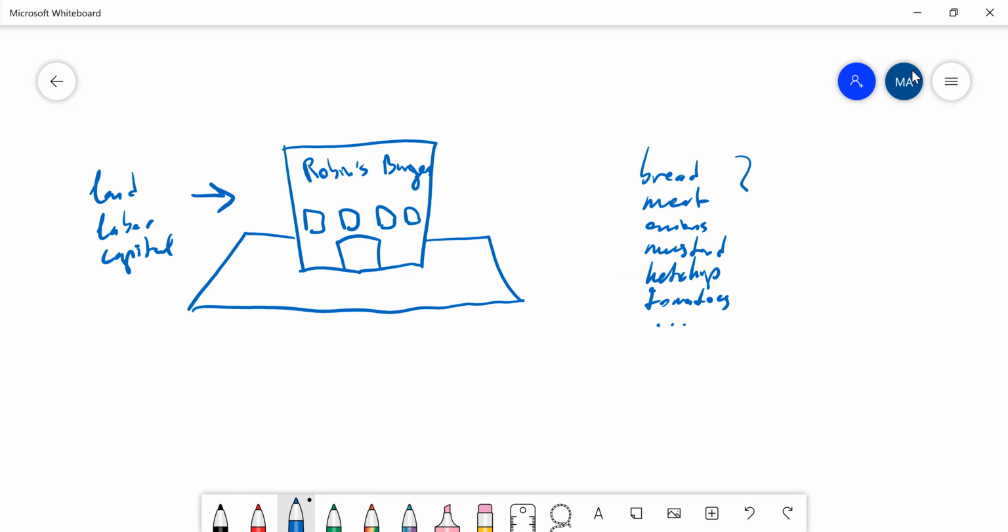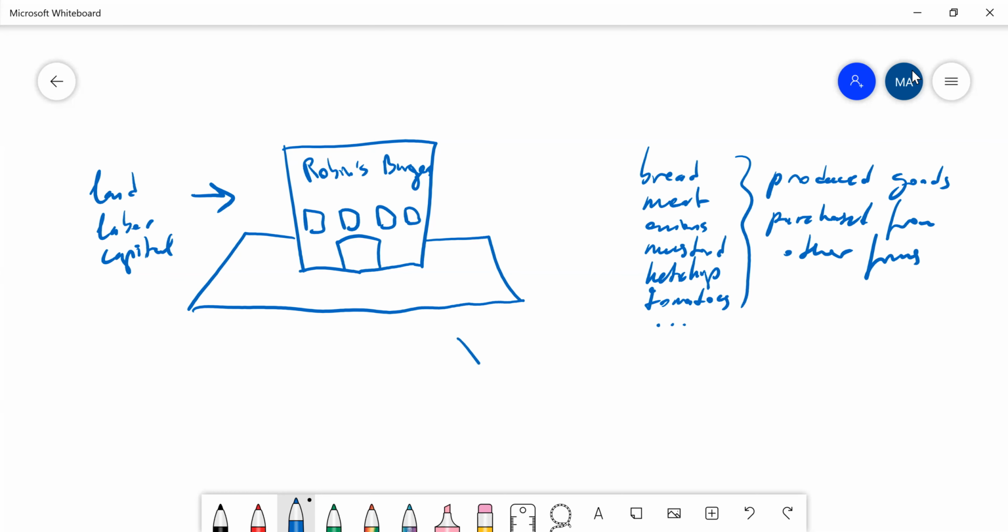And as you see, these are produced goods purchased from other firms. Once you have both, then you will have the burgers.